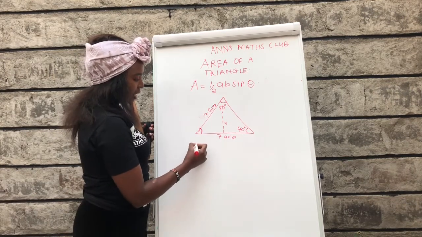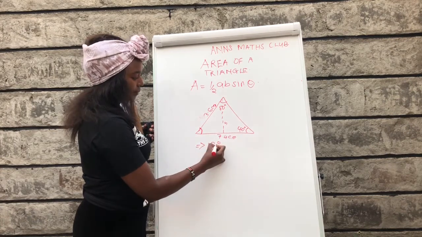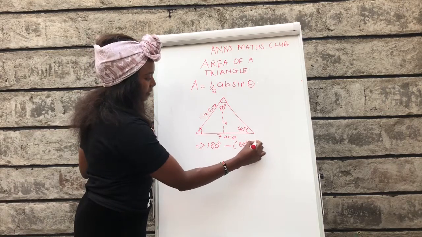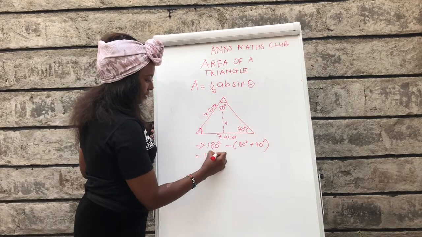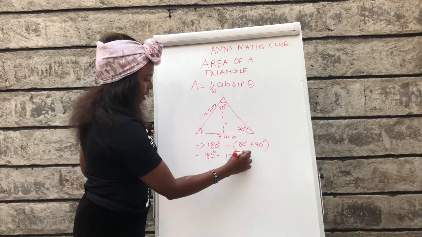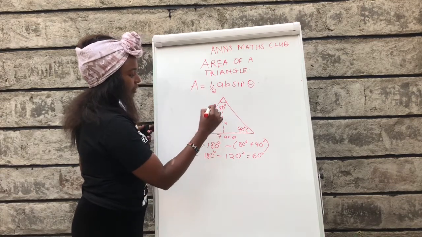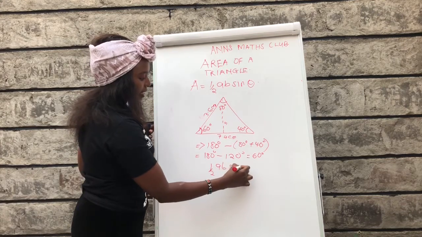And therefore, a triangle has 180 degrees. So we take 180, we less 80 plus 40. That becomes 180 minus 120. So it becomes 60. So we know here it's 60 degrees. So again, I have a half ab sine theta.